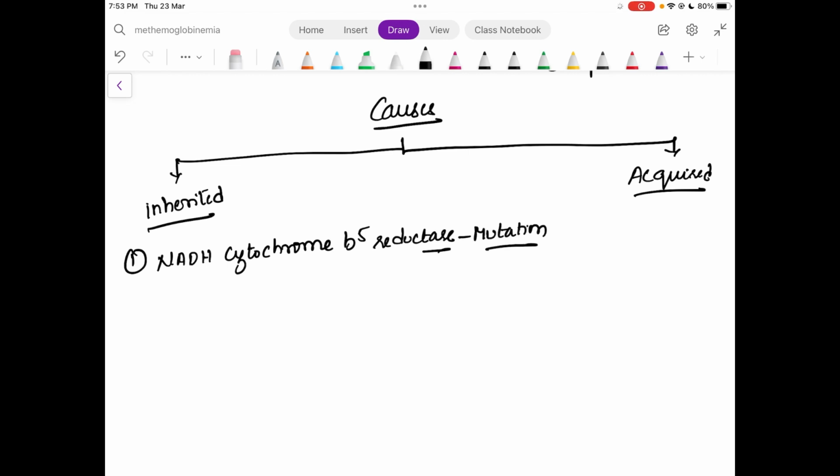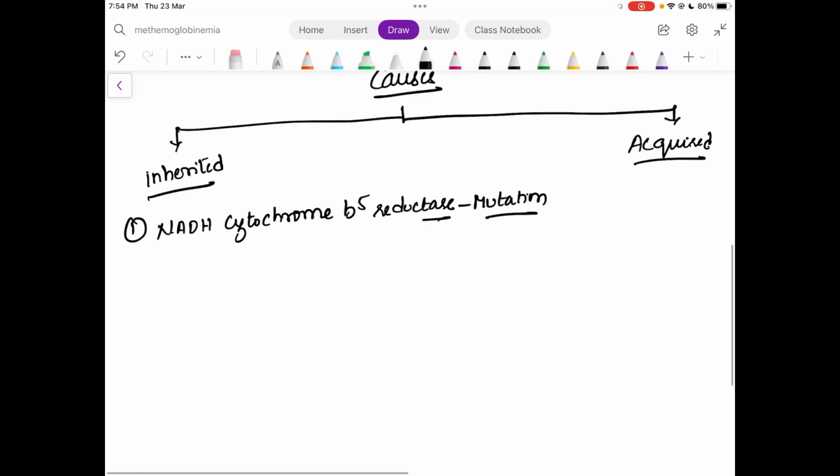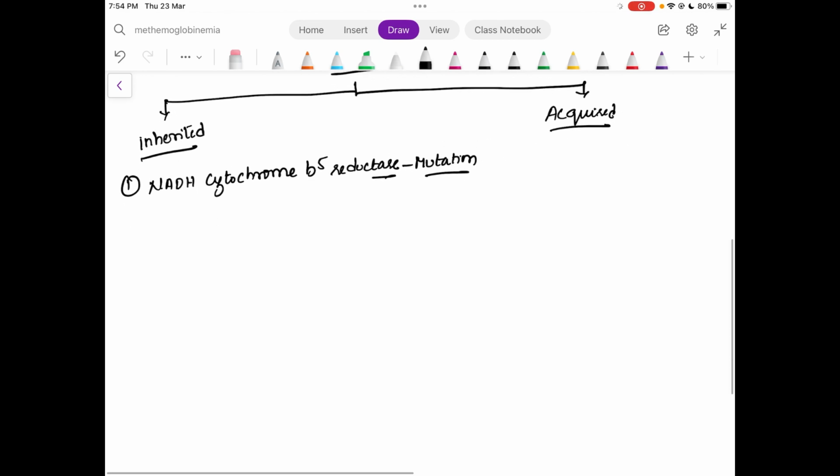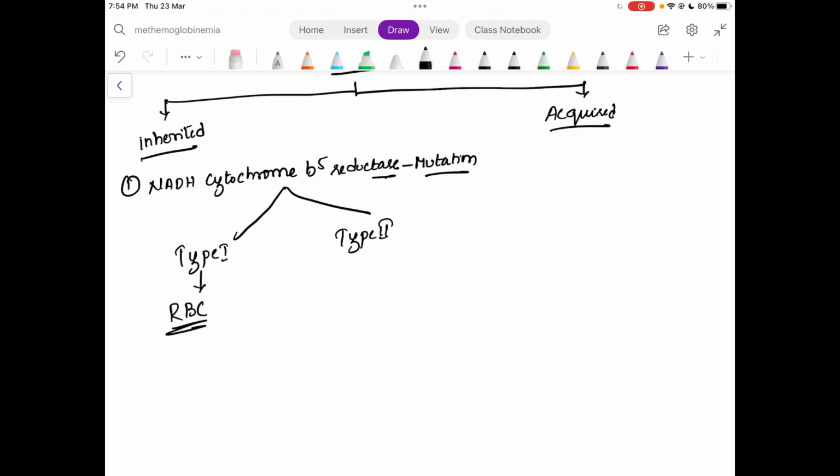So this is a mutation in cytochrome B5 reductase, and this mutation can be of two types. One is type 1, another one is type 2. Type 1 is seen only in RBC.